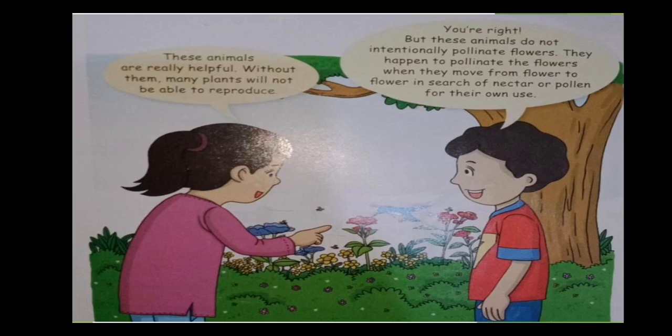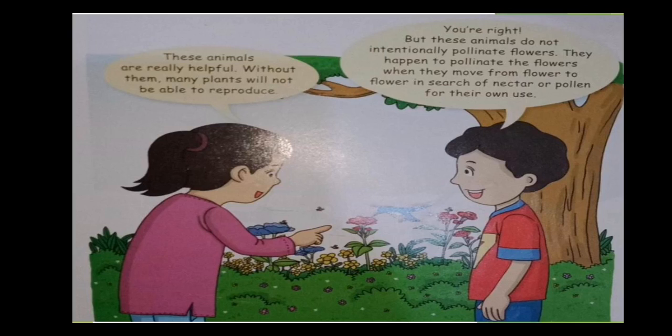You know, these animals are really helpful for us because without them, many plants are not able to reproduce. And these pollen grains are not intentionally attached to the animals.